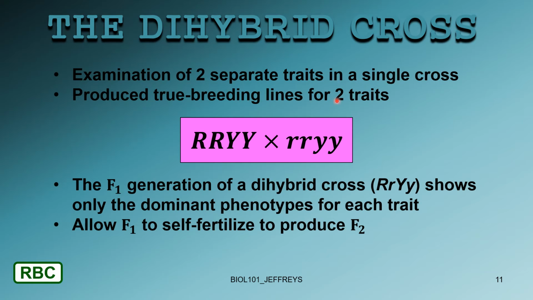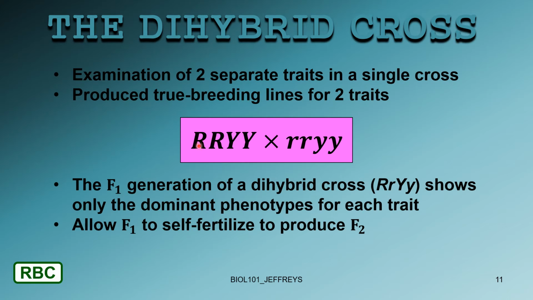So we're going to first of all start out with true breeding parents. That means true breeding dominants with true breeding recessives. Okay, and in this case the two traits are R and Y. So the dominant true breeder, right?